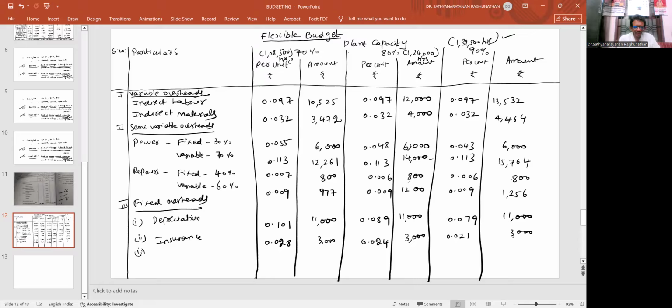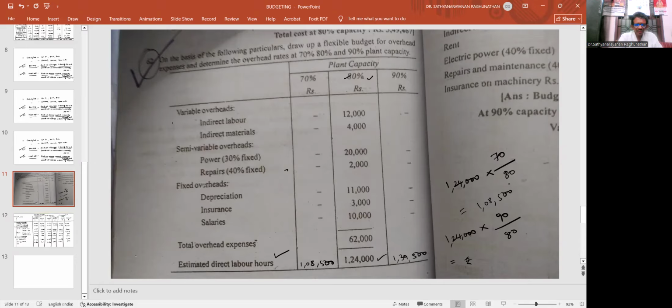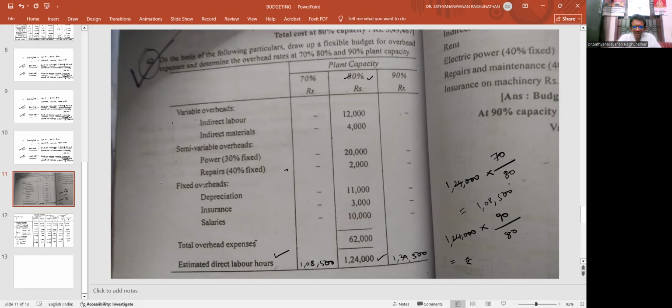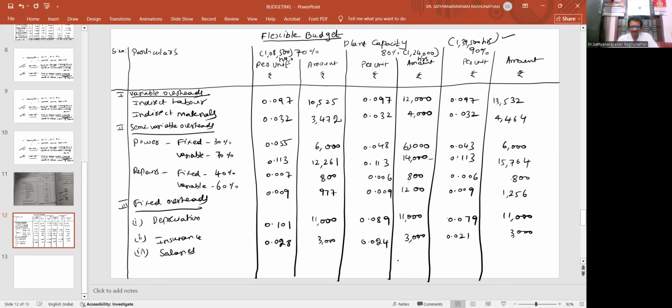And then last one. Salary is 10,000. Salary is 10,000 for which percent capacity they have given? 80% capacity. 10,000 for 70% capacity. 10,000 for 90% capacity. Now calculate the per unit.